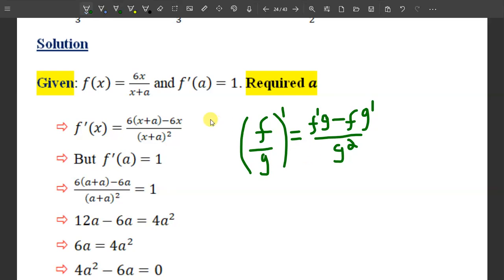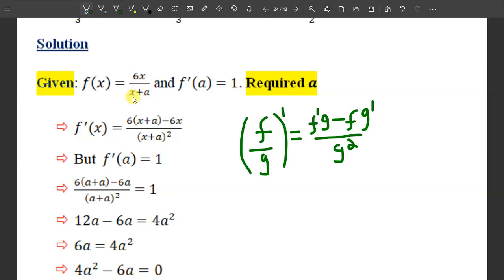Now, let us begin with this one. As a numerator, we have 6x, and the denominator of f of x is x plus a. First, derivate the numerator, 6x; the derivative of 6x is simply 6. Then multiply the result with the denominator, x plus a. Then minus 6x multiplied by the derivative of the denominator, x plus a.